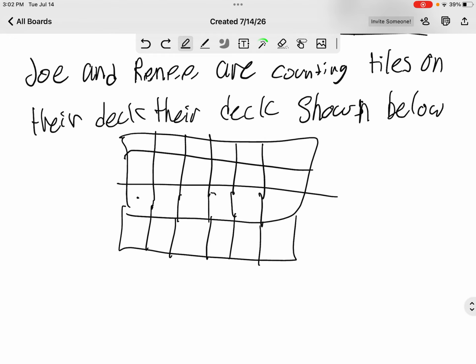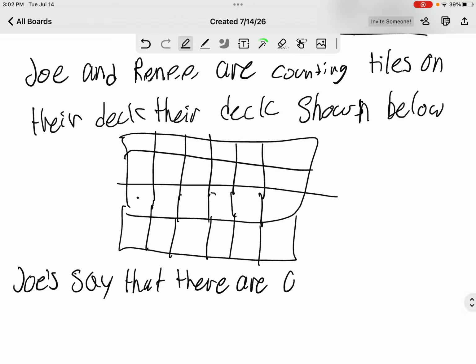So Joe sees that there are 6 columns of 4 tiles, 4 tiles each.